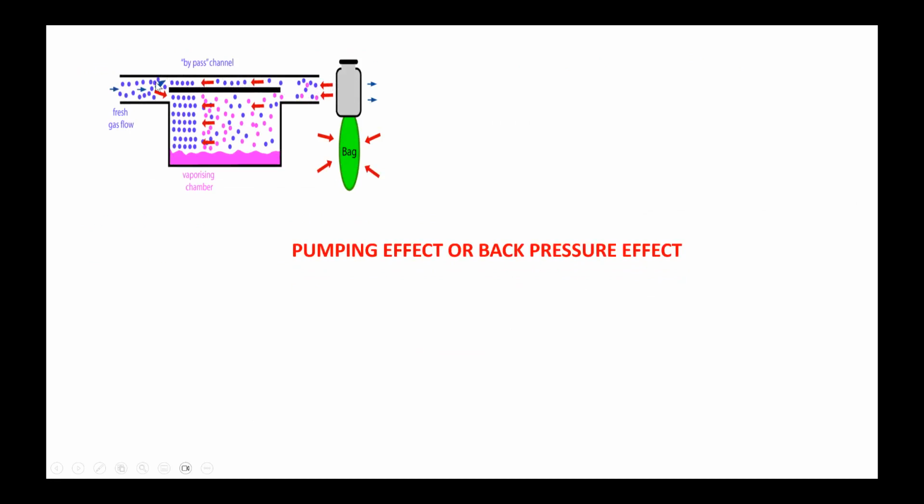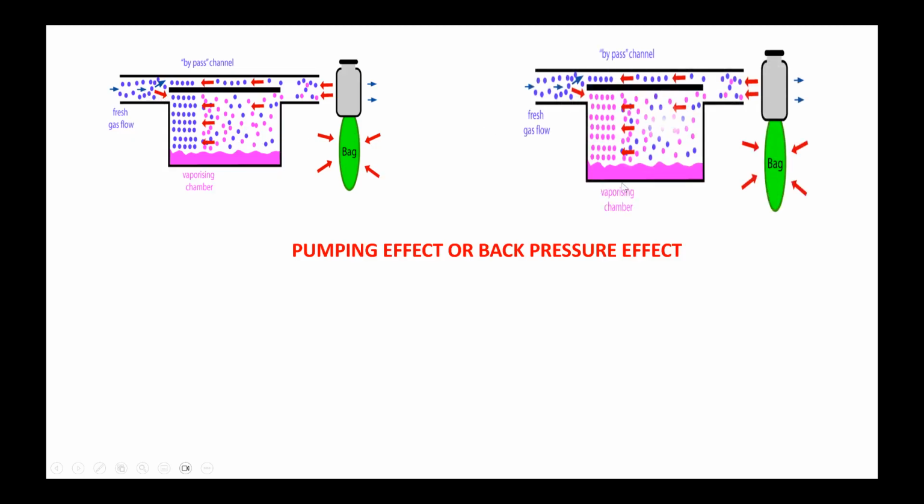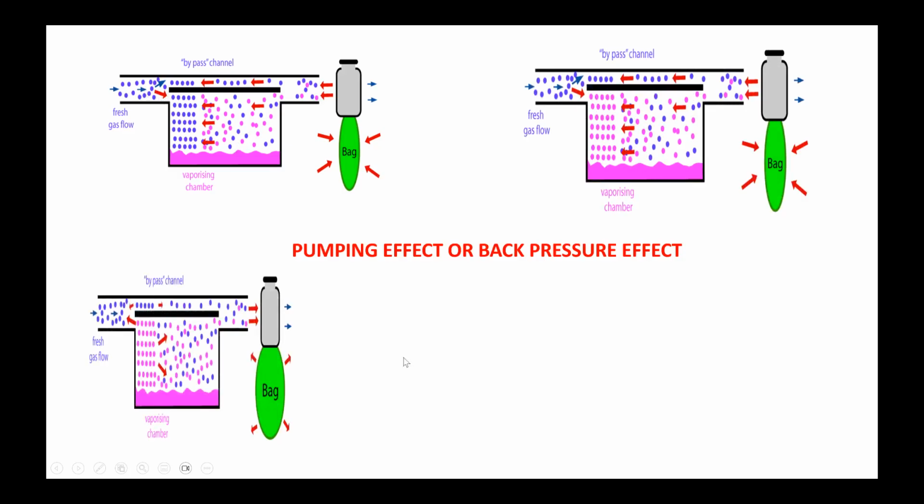And then what happens? It pushes more fresh gas flow than what is required into the vaporizing chamber. And the next step, the bypass chamber has pushed more gases into the vaporizing chamber, and the bag is now relaxed during expiration.